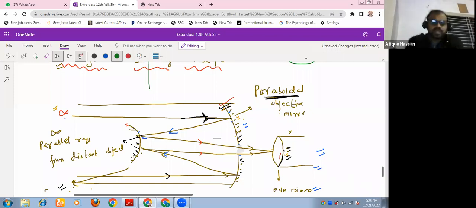So why reflecting? Can anyone explain why the reflecting type telescope is used? What was the need of that? We were getting the magnifying power and we were getting the desired result from the astronomical telescope. Then what is the need of this reflecting telescope? Why did it come into existence? Why did we need it? Can anyone explain?